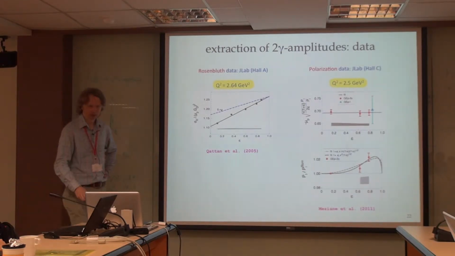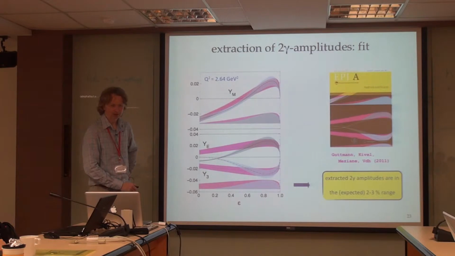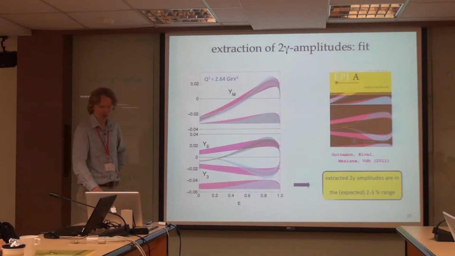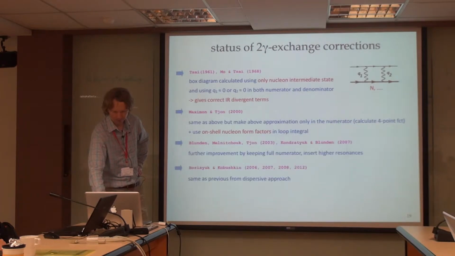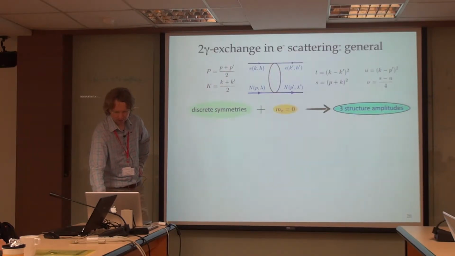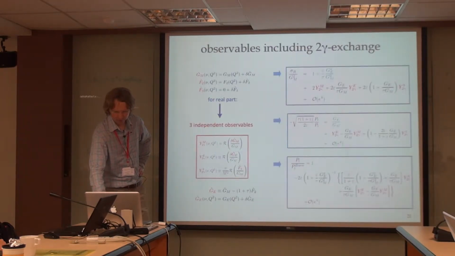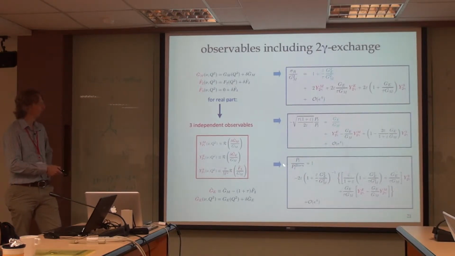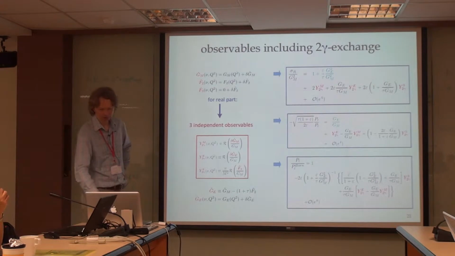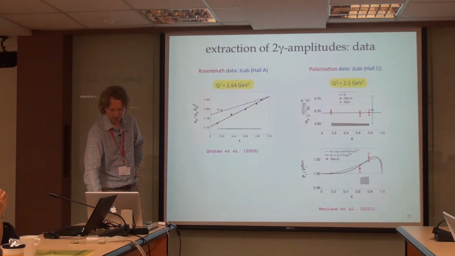So now, okay, let's then extract. Basically one can now come back to those formulas. So we have data points for 3 experiments at a fixed value of Q squared.